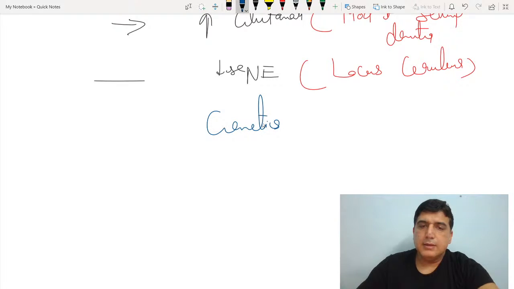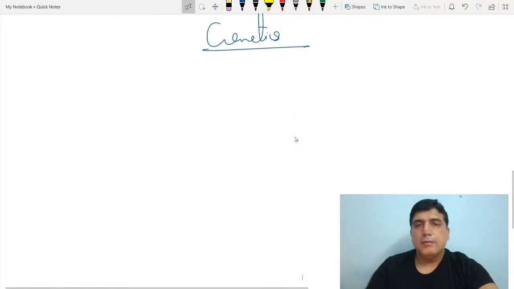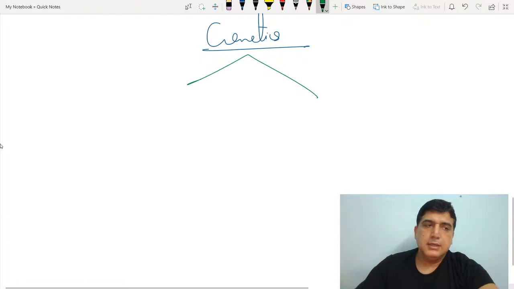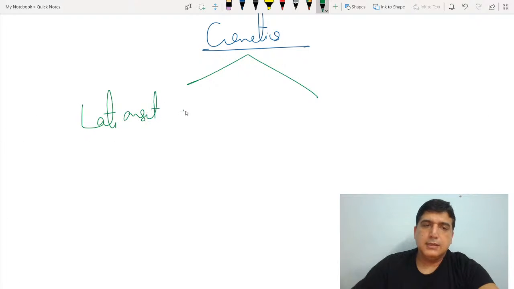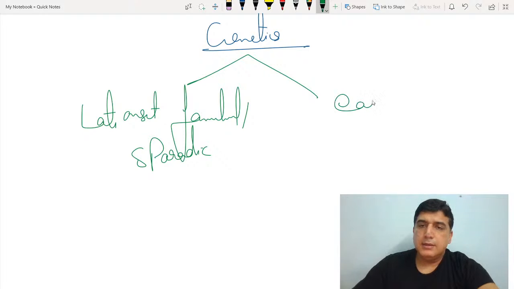Genetics, which they ask very frequently. In genetics, we have late onset familial and sporadic dementia, and early onset familial dementia.